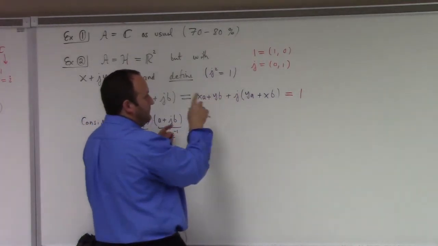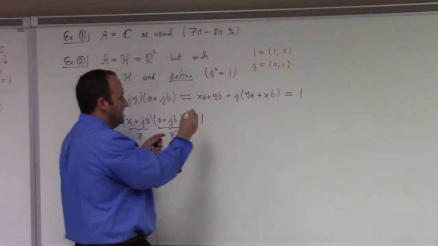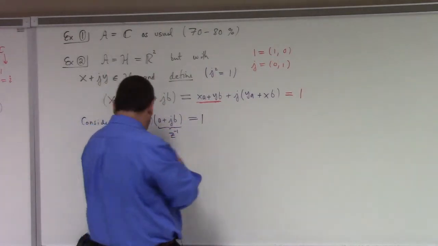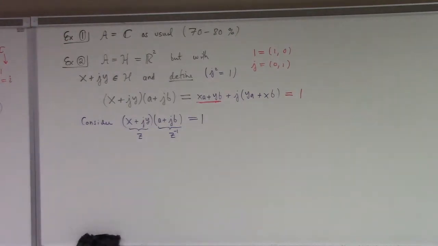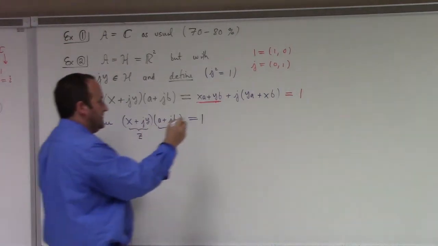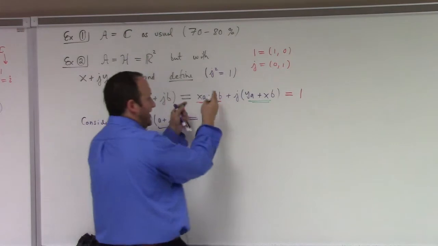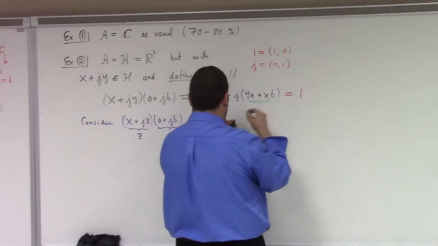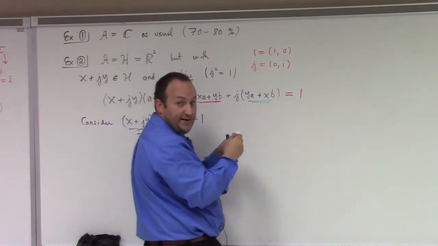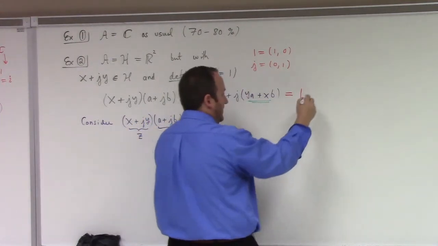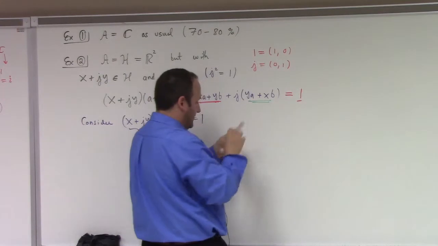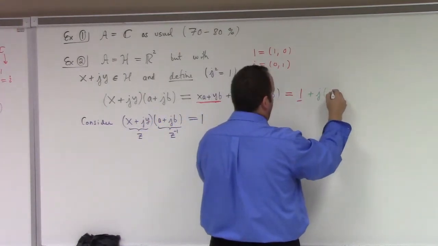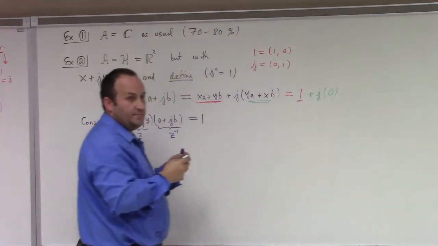But my larger point is that this and this are independent. That's like the x component, that's like the y component, and you can match them up to the x and y components on the right-hand side, which are 1, and it's harder to see, but if you look carefully, you can see that there's a j times what? 0, right?